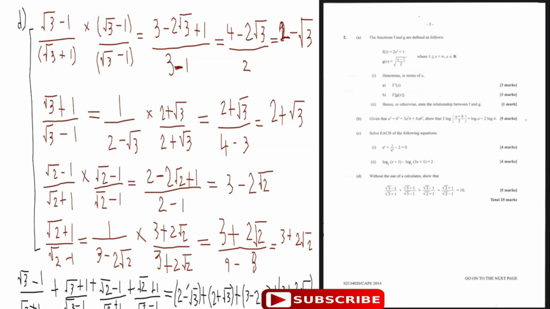As you can see right here, 2 plus 2 is 4, 4 plus 3 is 7, 7 plus 3 is 10. Minus root 3 plus root 3 becomes 0. Minus 2 root 2 plus 2 root 2 becomes 0. And so all of this works out to be equal to 10. So this proves it. It works out to be 10. That's a solution for this question.